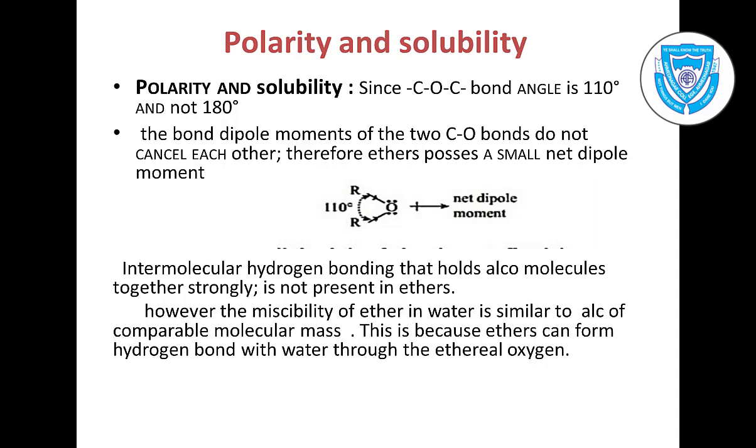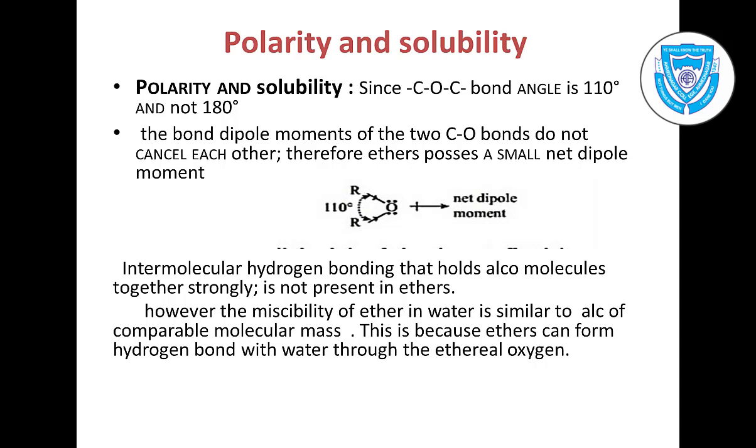However, the miscibility of ether in water is similar to that of alcohol of comparable molecular mass. Why is this? This is because ether can form hydrogen bonding with water through the ether oxygen, and hence it is sparingly soluble.